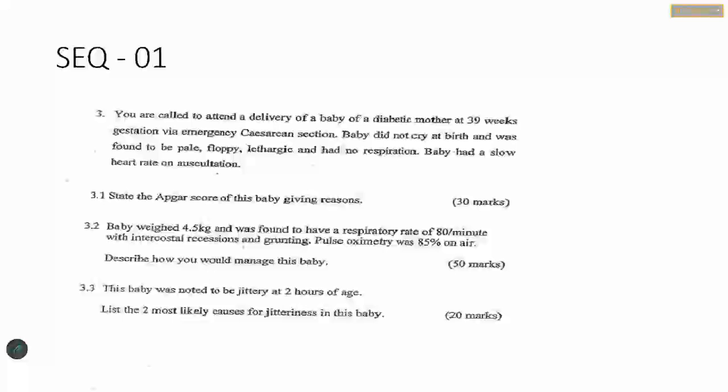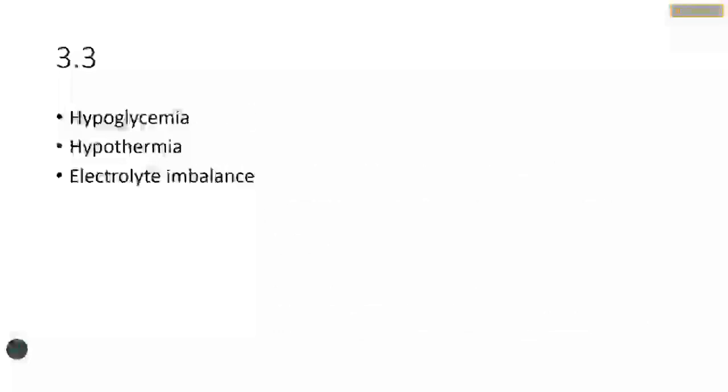And also, we are doing the resuscitation, and the initial breastfeeding is postponed. So there can be electrolyte imbalance, and also we are exposing the child to the environment, causing hypothermia. It can even be infection. So you can think of a lot of causes.